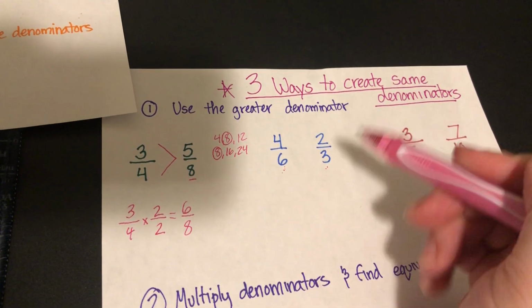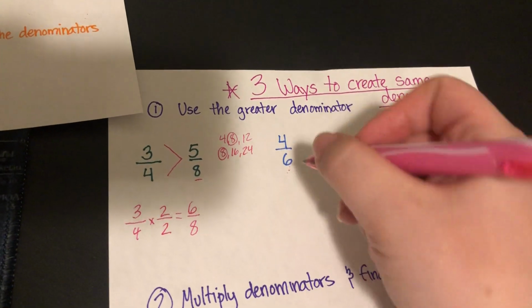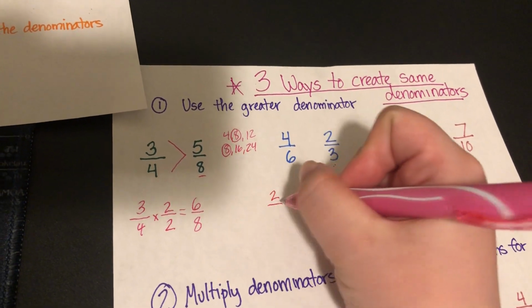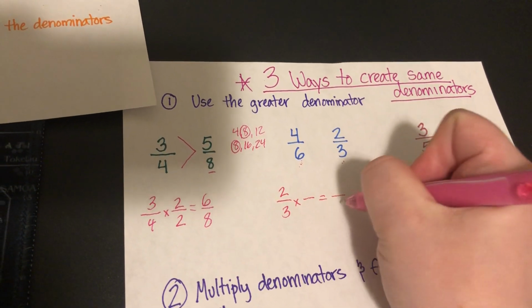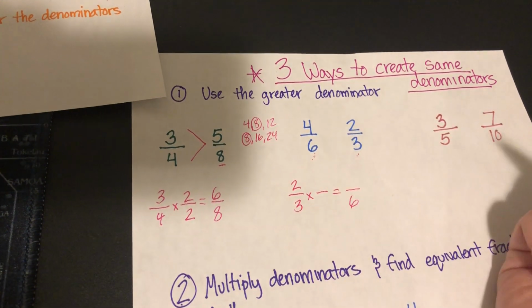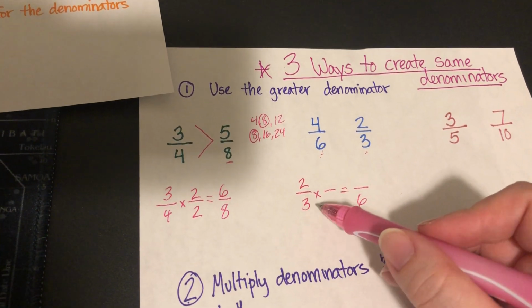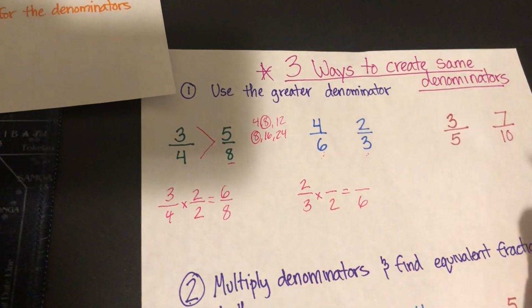We're just going to change 2/3 to be a fraction with a 6 on the denominator. And to do that, I'm going to bring down this 2/3. 2/3 times something is going to give me a fraction with a 6 on the bottom so that I can compare it to 4/6. So 3 times what will give me 6? Again, that's going to be 2.